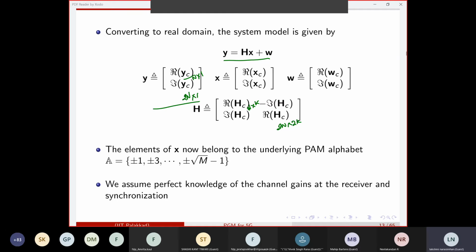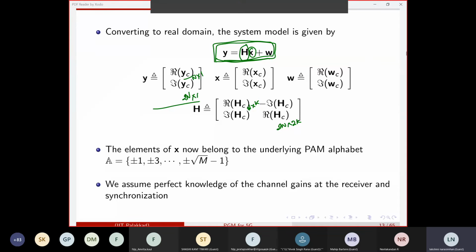That's it. Now finally, we have a real system where all the values are real, and we have y equal to Hx plus n, where H is some wireless fading channel, and x is a set of symbols transmitted by the multiple users in the cellular system.